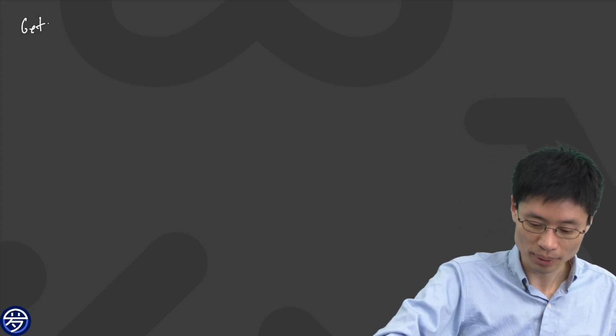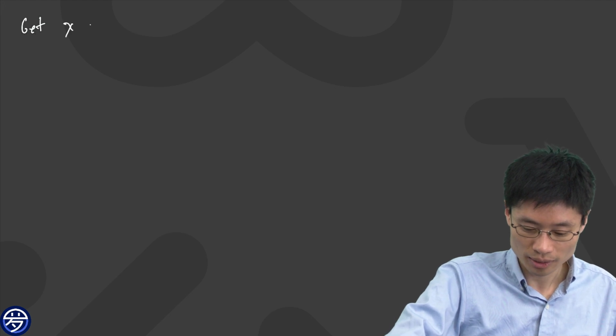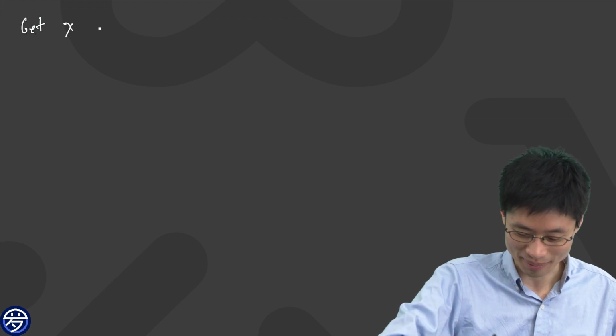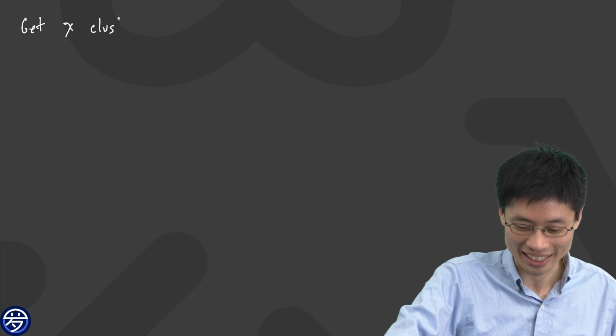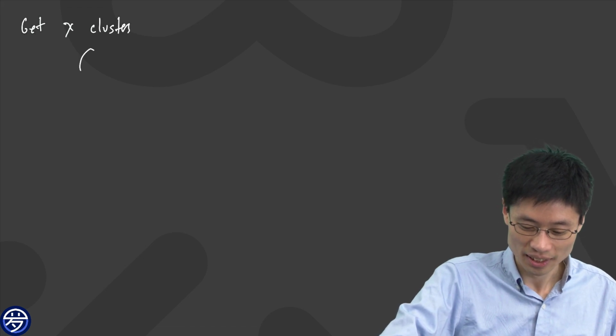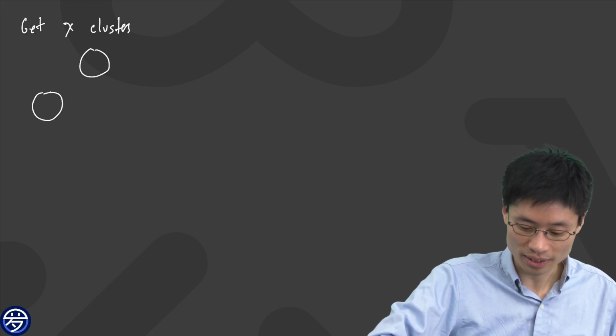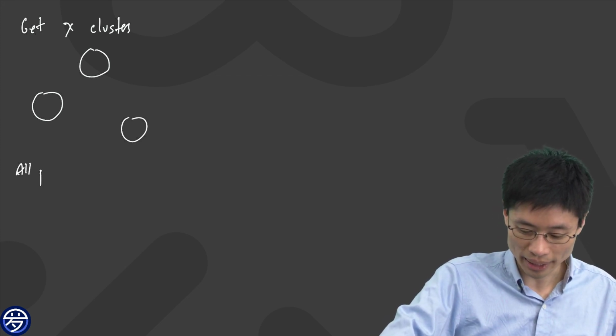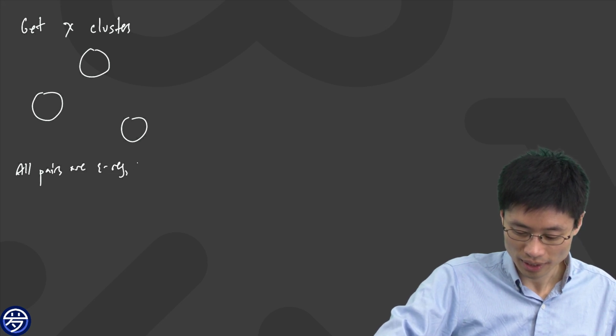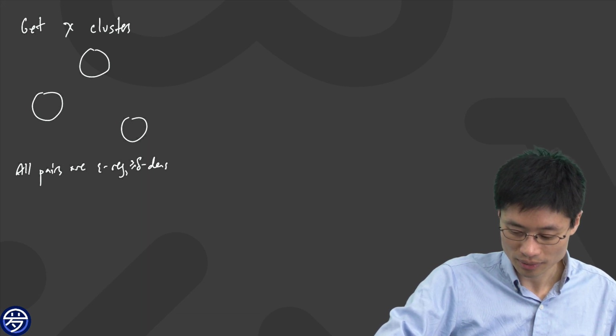So what this gives you is a picture with chi blobs. I think I called them clusters last time. That somehow sounds a little bit more technical, but blobs is also how I think of it in my head. I get chi clusters, and they aren't V_1 to V_chi. They're just somewhere, these chi clusters. But importantly, all the pairs are epsilon regular and at least delta dense.